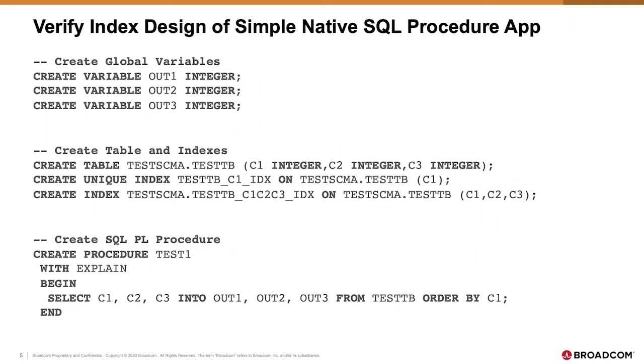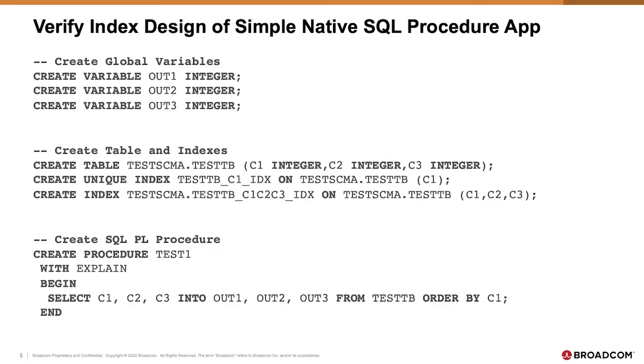As a DBA, your job will be to verify the index design of a simple native SQL procedure. The procedure has 3 output variables, as well as a simple reference to a table with 3 integer columns. There are 2 indexes defined on the table.